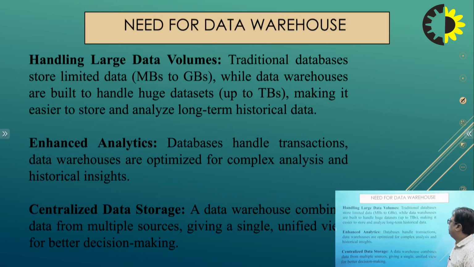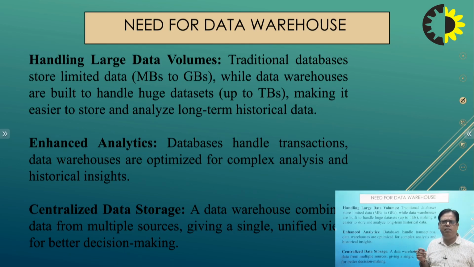These are the needs for a data warehouse. First need, handling large data volumes. As we know, a data warehouse is basically a collection of different data sources. Traditional databases store limited data, like megabytes and gigabytes, while data warehouses are built to handle huge data sets up to terabytes, making it easier to store and analyze long-term historical data.